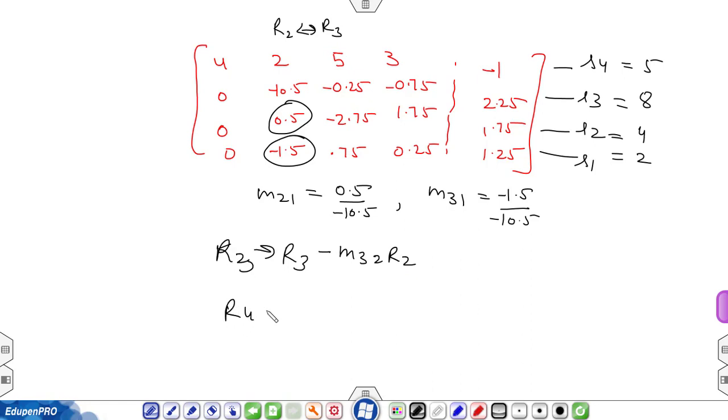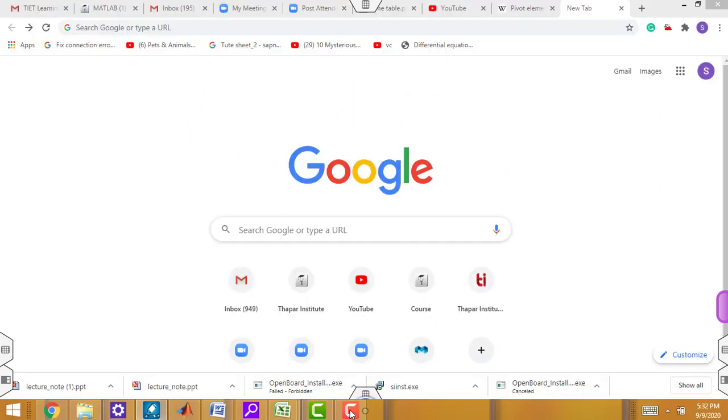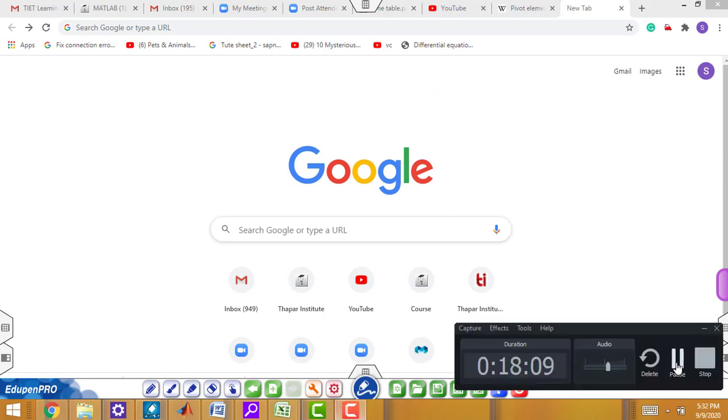Okay, and then R4 minus M42. Okay, I have done one mistake. This is M32 and M42, because this is the M32 and M42 position. M42 R2.